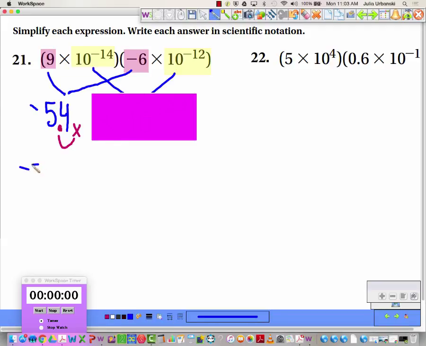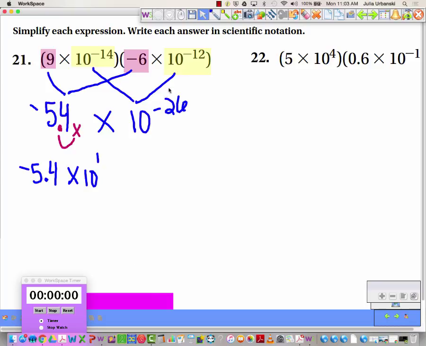It's -5.4 times 10 to the, we said it was +1. From the dot to the x is +1. See it? But the rest of the problem says you still have to do times 10 to the -26.